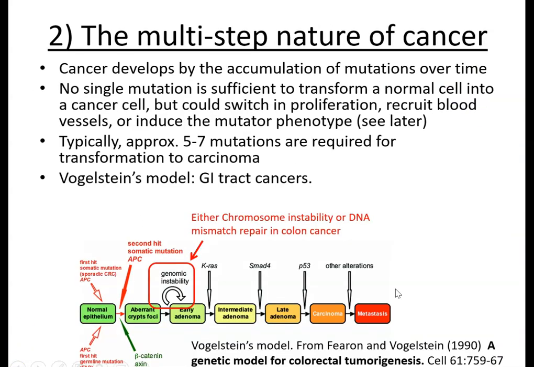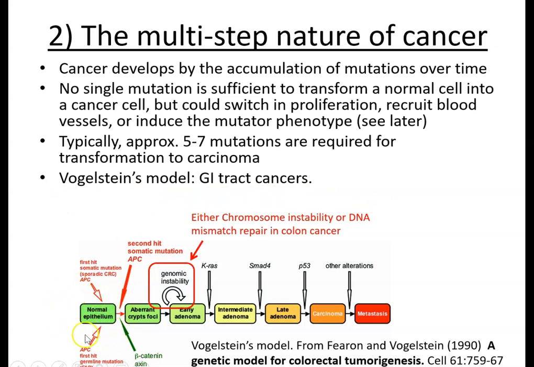Okay, so once we've accepted that tumours are monoclonal in origin and the heterogeneity that is observed is due to random mutations giving different subpopulations different behaviours, we need to look at how that can develop. This heterogeneity is developed via the multi-step nature of cancer formation, whereby a single cell develops a mutation, and we're going to look at this model in detail, Vogelstein's model of colon cancer formation.